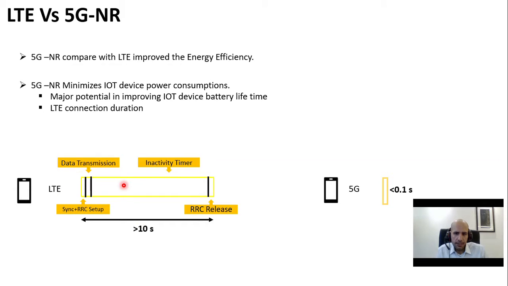This is the reason for the difference between 4G and 5G. As you know, the LTE connection duration is always greater than 10 seconds, even for small data transmission. But what is the 5G solution? As we said before, the RRC inactive state and non-orthogonal uplink. So this gives a potential factor of 100 times improvement in battery life for these IoT devices.